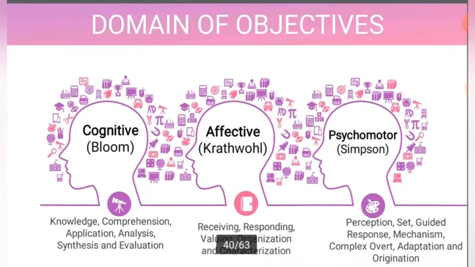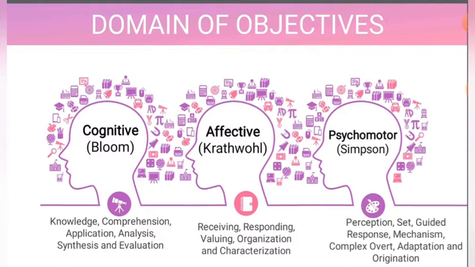Now we have 3 domains of objectives that Benjamin Bloom classified. These are cognitive, affective, and psychomotor. Cognitive is proposed by Bloom, while affective by Krathwohl, and psychomotor by Simpson. Each domain is composed of specific skills, attitudes, and values which are presented in hierarchy.